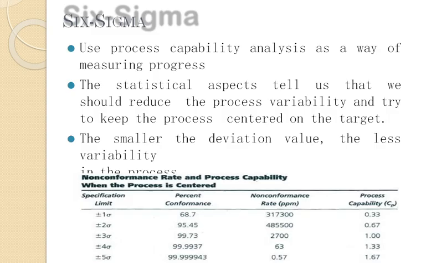So here in the specification limit, you can see plus 1 sigma, plus 2 sigma, plus 3 sigma, plus 4 sigma, plus 5 sigma, plus 6 sigma with respect to percentage conformance. If it is plus 1 sigma, 68% is the conformance. If it is 2 sigma, it is 95% conformance. 3 sigma means 99% conformance.